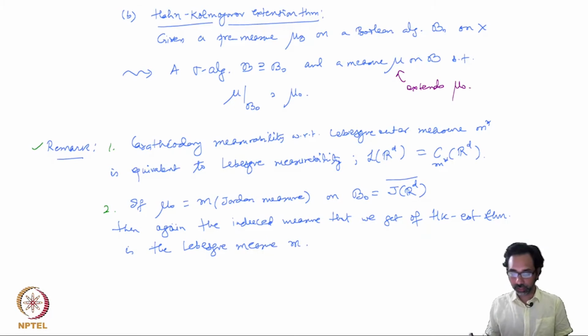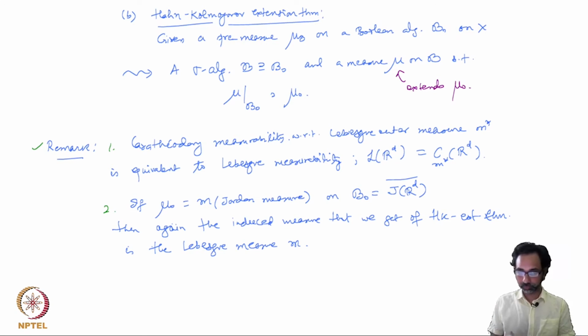So in this sense, these two approaches, when applied to R^d, give you back the Lebesgue measure when you choose the Jordan measure using the Hahn-Kolmogorov extension theorem, and when you choose the Lebesgue outer measure using the Carathéodory extension theorem.